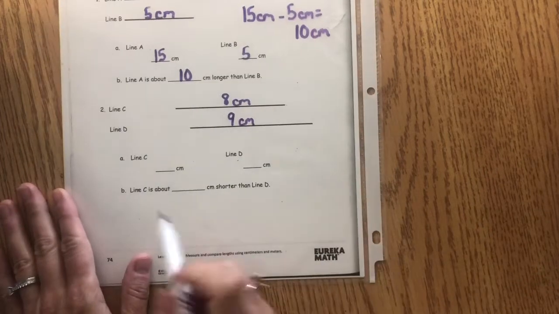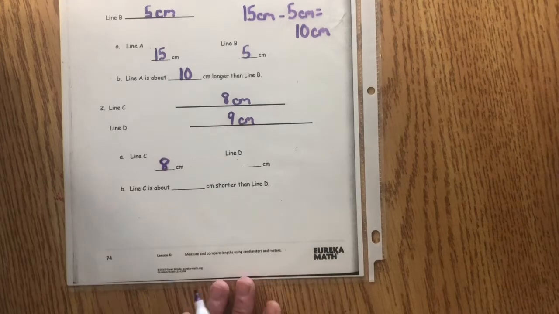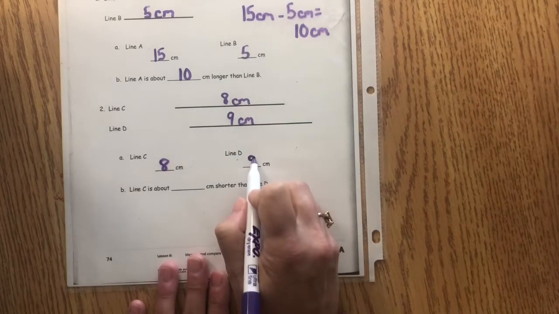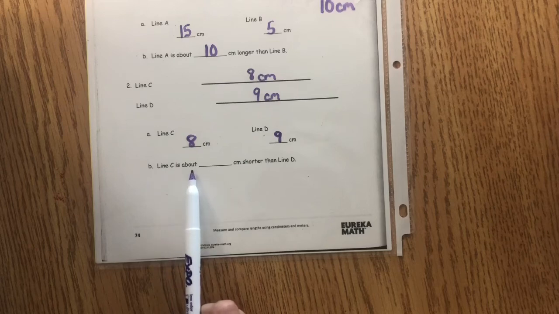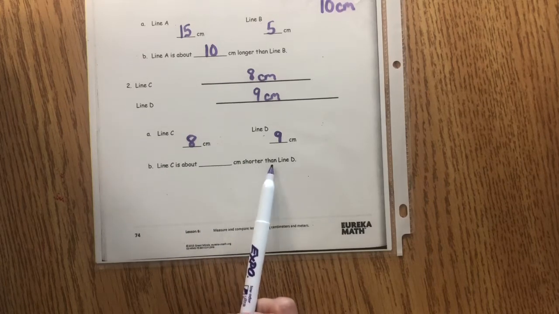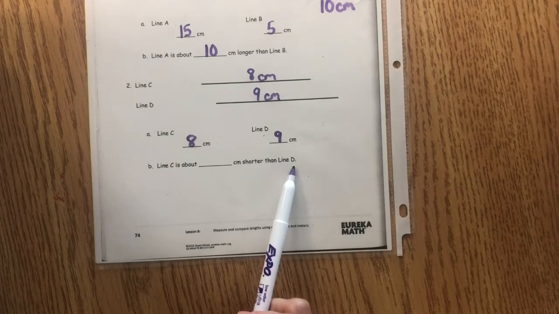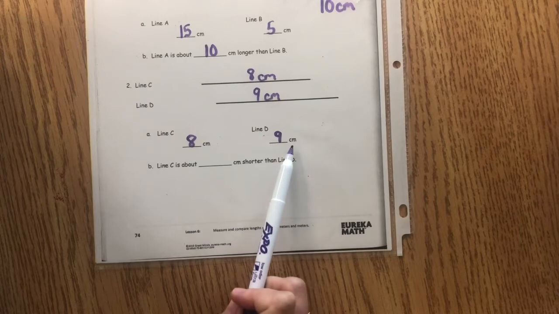So let's fill in the blanks. Line C is 8 centimeters. Line D is 9. Let's see what our sentence says. Line C is about blank centimeters shorter than line D. So line C was 8 centimeters, line D was 9 centimeters.